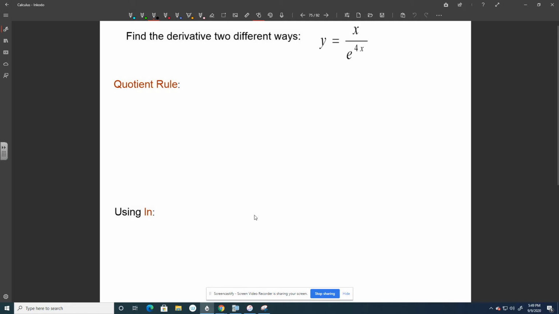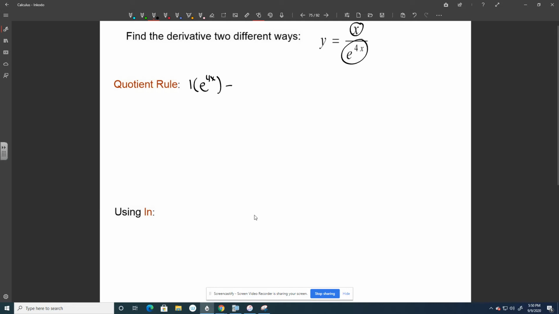So for this first derivative, we've got y equals x over e to the 4x. So if I'm using the quotient rule, then I'm going to use the top and the bottom of this function. And I'm going to take the derivative of the top, which is just 1, multiplied by the bottom, so e to the 4x. And then I'm going to minus the derivative of the bottom.